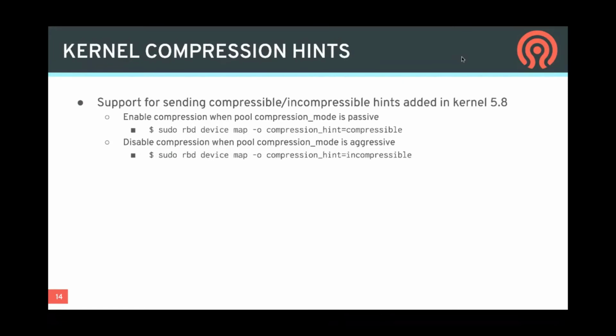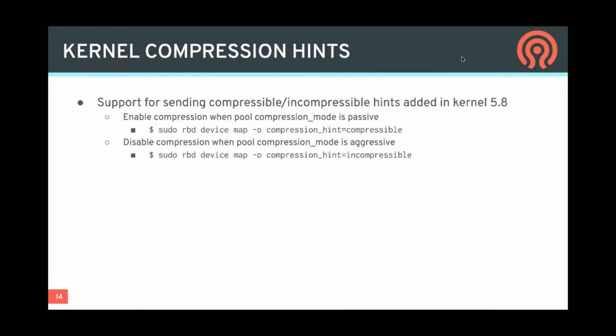And finally, there is support for compression hints that also landed in kernel 5.8. You can use this to enable compression on an image that resides in a pool with compression mode set to passive, or vice versa.